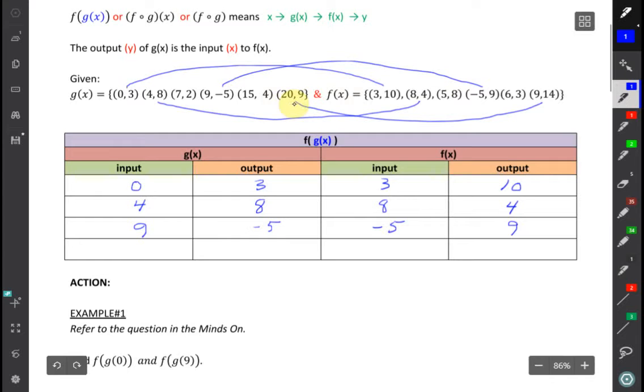Finally, looking at the input 20, its output is 9, and that connects to this input in f at x of 9, and the output is 14.